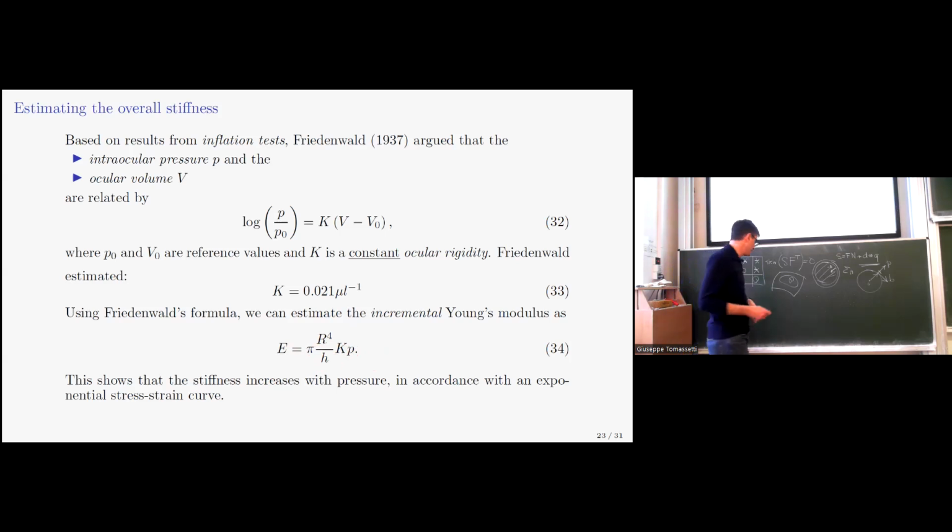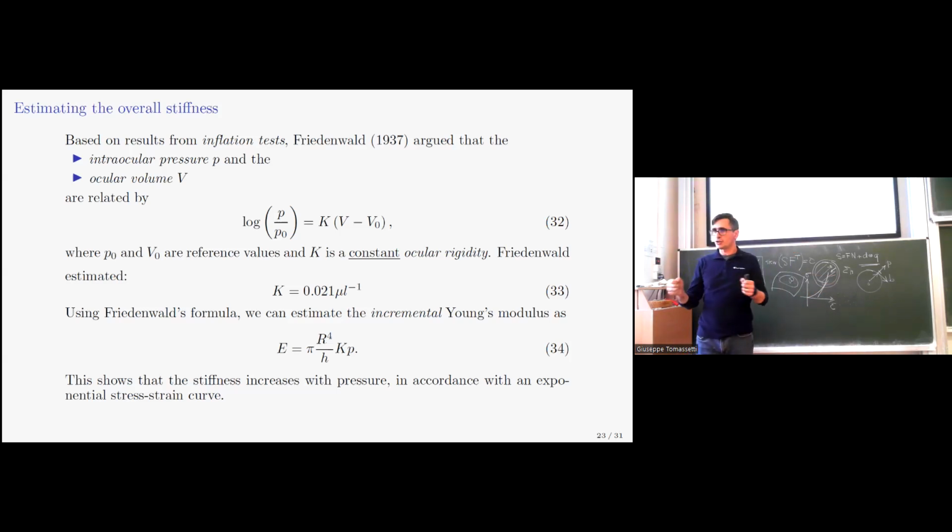And the reason for that is very simple: biological materials, if you look at the stress-strain curve, sigma versus epsilon, exhibit a strain stiffening, which means that the more you load the material, the higher is the tangential Young modulus. So the Young modulus is the tangent of this curve, the incremental material modulus.